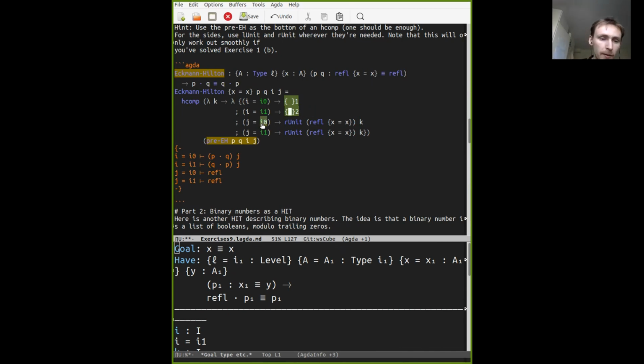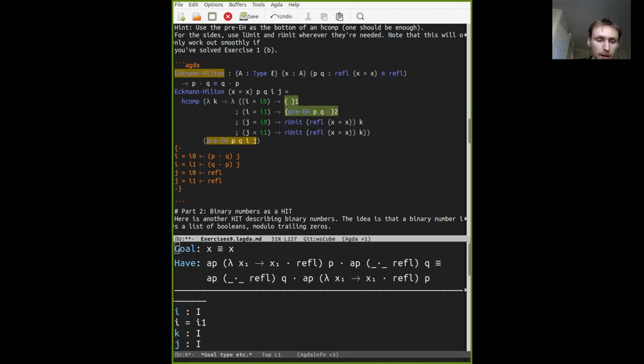So now things get harder, because now we need pre-Eckmann-Hilton at i0. What was that? Well, let's look at it. It's this one. Sorry, i0 is up here. It's this thing. That's ugly. Let's do it this way.